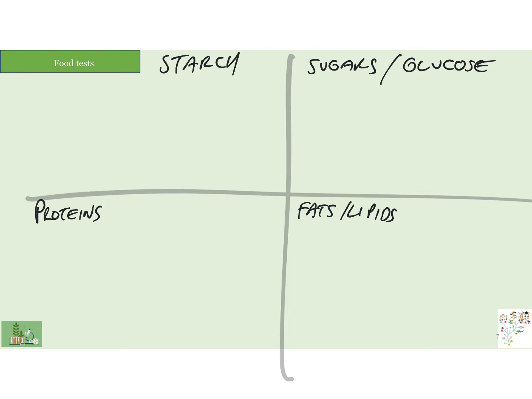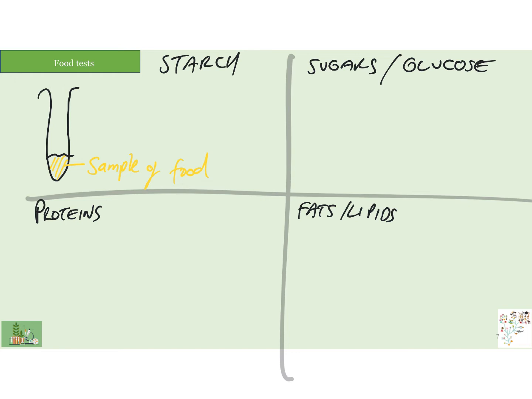Okay, so starch. What's going on here, guys? In its simplest way then, I have a test tube. In this test tube, I'm going to add a sample of food.